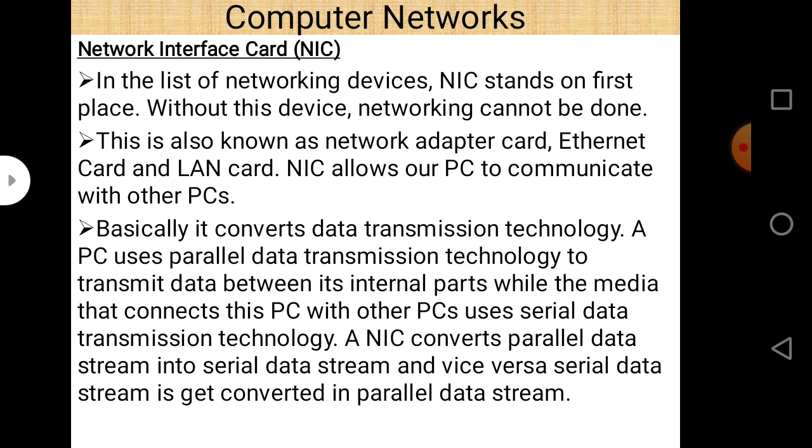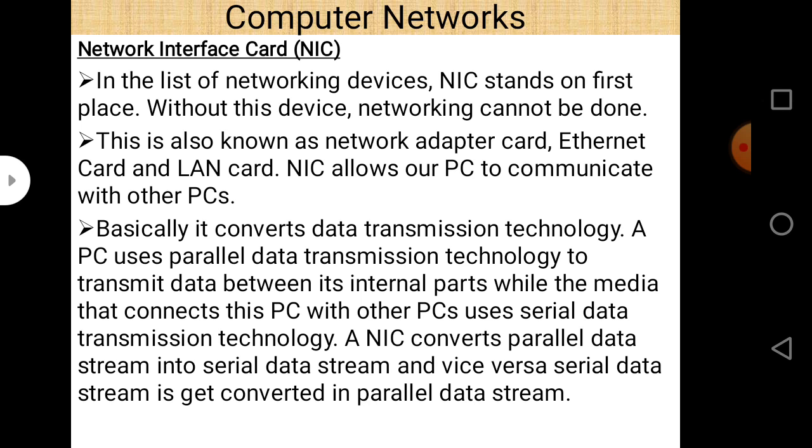And when we want to share data from one computer to another, the method used is serial data transmission. The NIC card basically converts parallel data stream into serial data stream and serial data stream into parallel data streams. So these are the three important points.